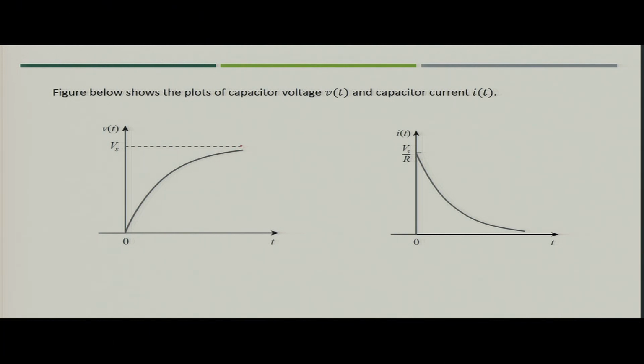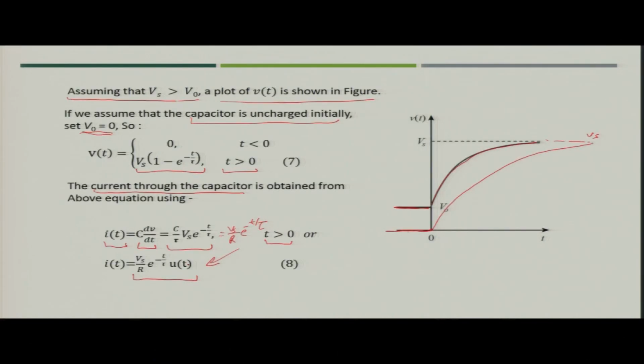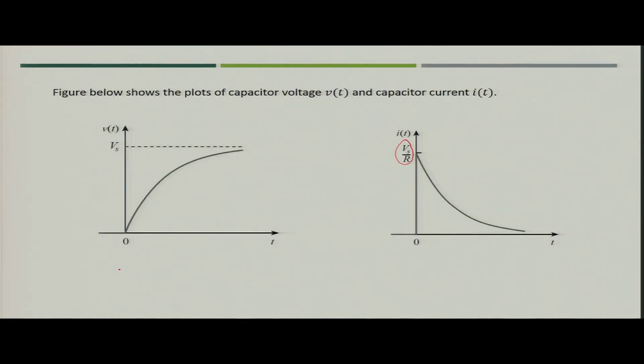It will settle down to the value V s as time t tends to infinity, and the current will start from V s by R. If you put time t equal to 0 here, you will get i(t) at t equal to 0, that is I naught, which is nothing but V s by R, and then it is exponentially decaying.